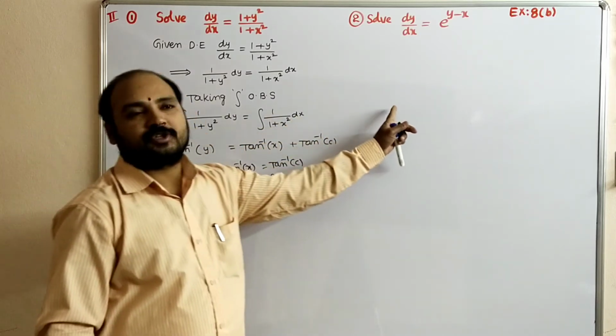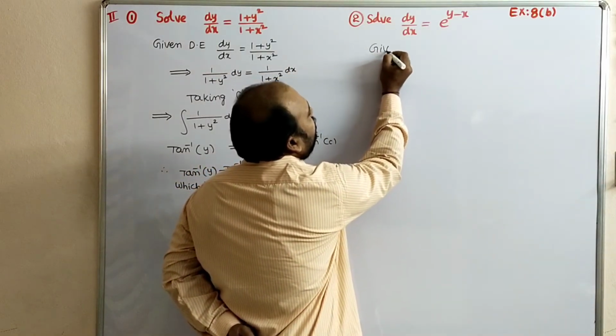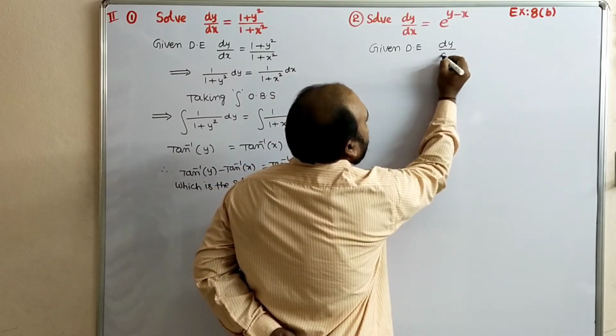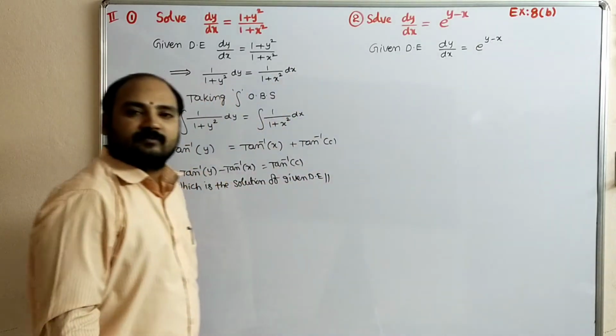We'll move to the next question. Here, the given differential equation is dy by dx is equal to e power y minus x.